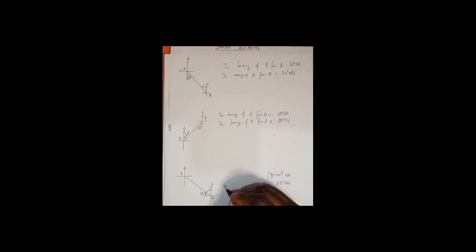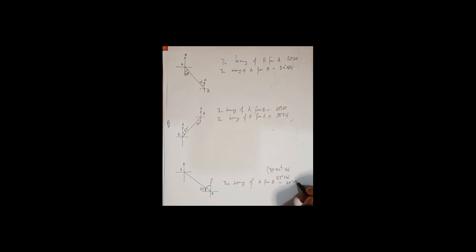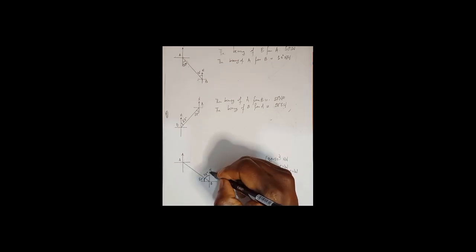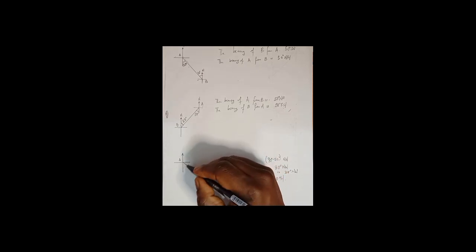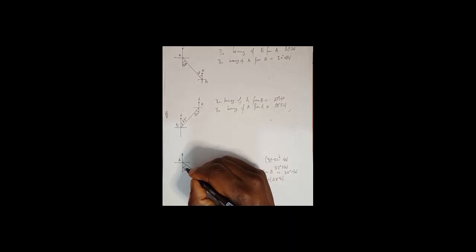So the bearing of A from B is 38 degrees northwest, or I say north 38 degrees west. Since this is also an alternate angle, I have gotten this to be 38, then I alternate it, forming a Z. So alternating it, this is 38, then this would also be 38.